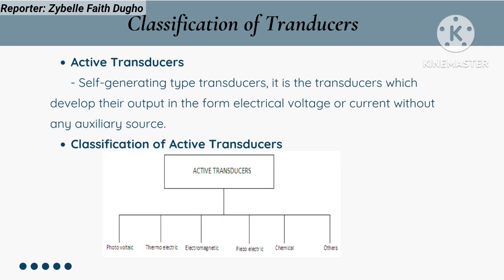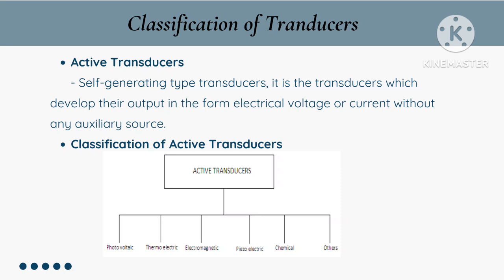Another classification of transducers is active transducers. Active transducers, also known as self-generating transducers, develop their output in the form of electrical voltage or current without any auxiliary source. For you to visualize, it is like a special device that can measure something like temperature or pressure, but it doesn't need batteries or power outlets to work.